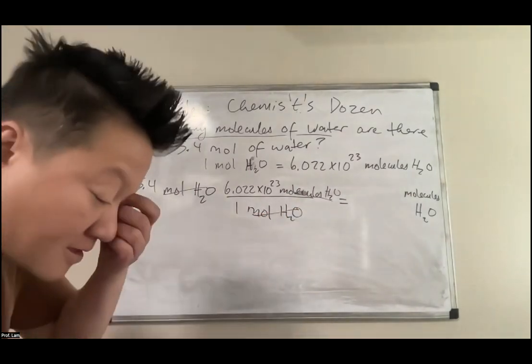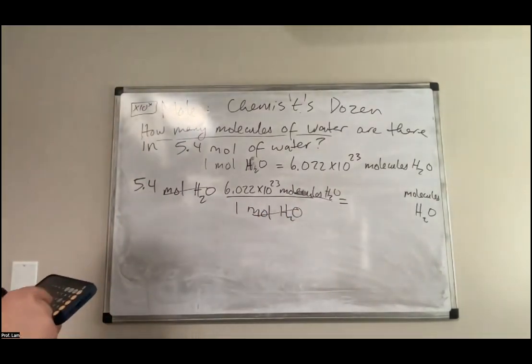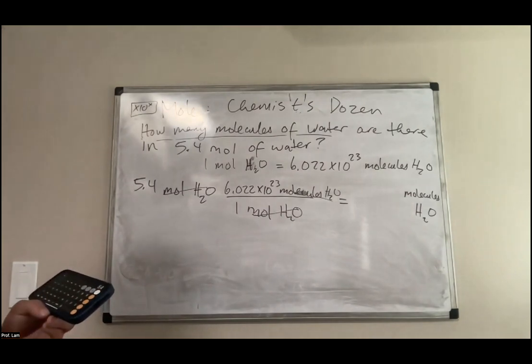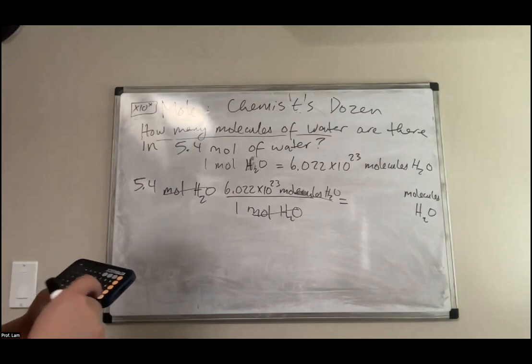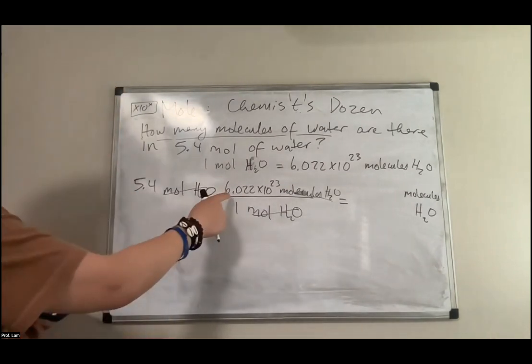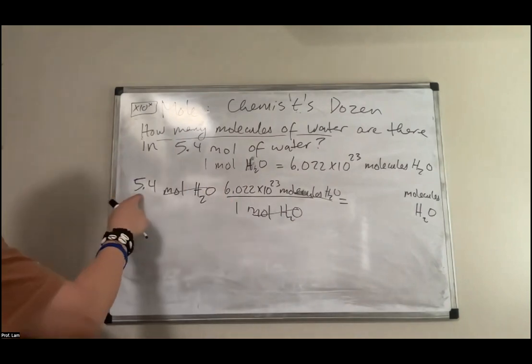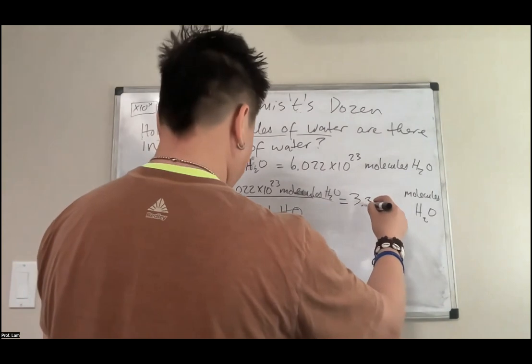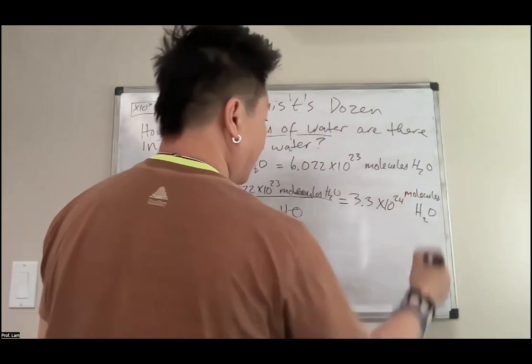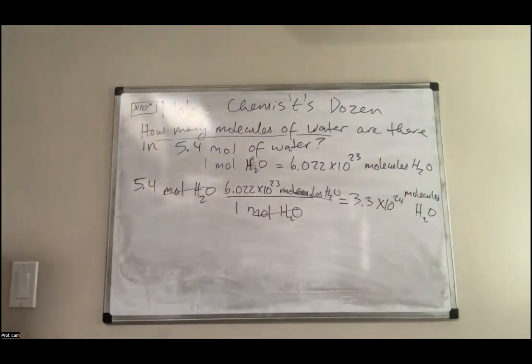Okay. So let's do it. 5.4 times 6.022 double E 23. How many sig figs, guys? That's 4. This is 2. So you're going to do 3.3 times 10 to the 24 molecules of water.